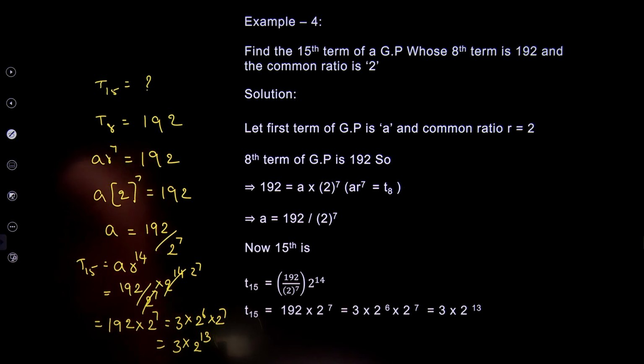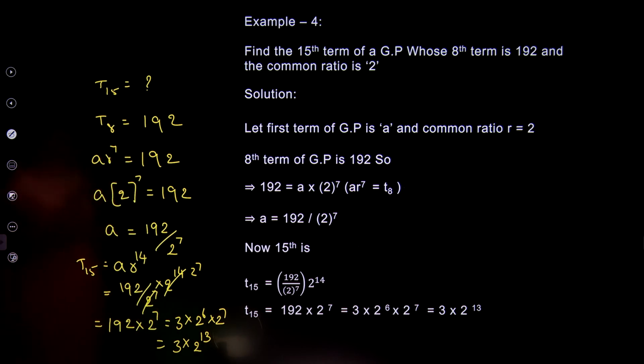Note down, children. Here we need to find out the T15th value, but there is no first term a value. So first we need to find out the a value, and then we will substitute the values a and r in the T15th term.